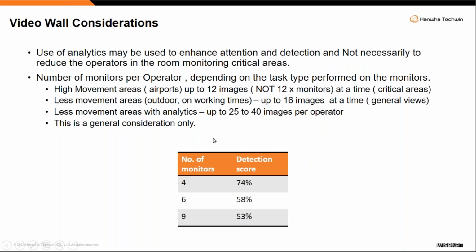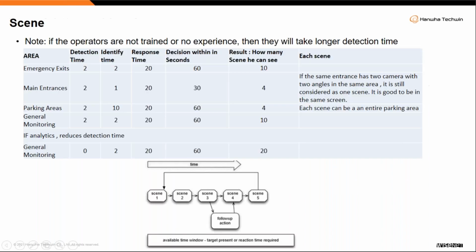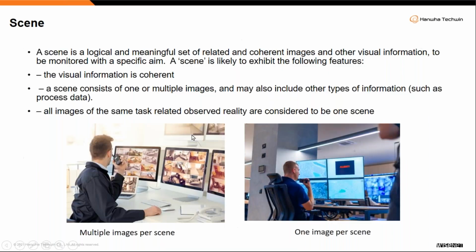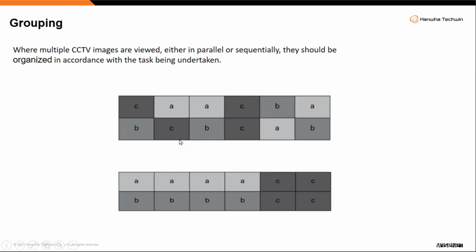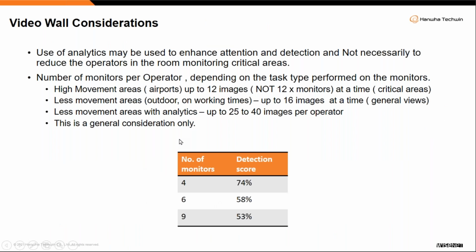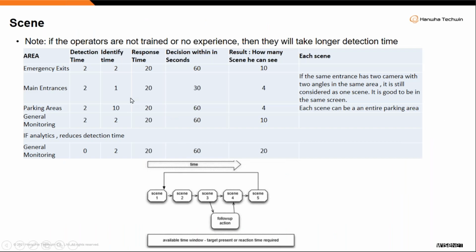Okay, now that's why analytics are important. It will improve the detection score. How? Okay, let's see. Now let's say the operator is looking at the monitor. Let's say there are 4 monitors, and suddenly he notices in one monitor something abnormal is happening.